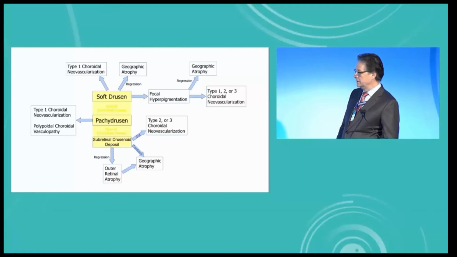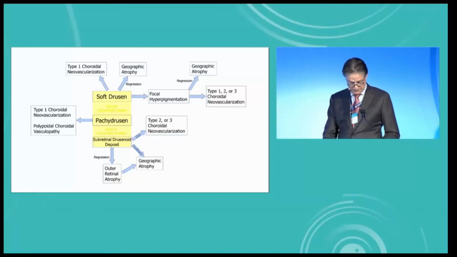I should say macular, not choroidal. People with Pachydrusen with a thick choroid may be more likely to go on to have polypoidal or type 1 neovascularization. Soft drusen can regress to form geographic atrophy or can go on to form neovascularization, and if they did, that would usually be type 1. Once they get focal hyperpigmentation, they can get type 2 or 3 as well.